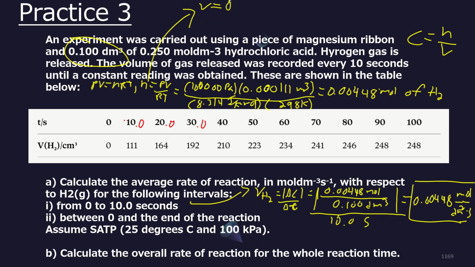So that's going to be 0.000248 meters cubed instead. And if you do that, I think you will get that moles of hydrogen here will be 0.0100.